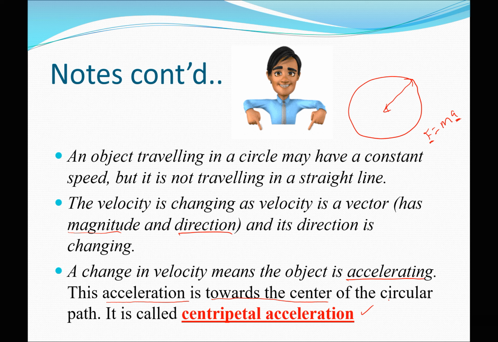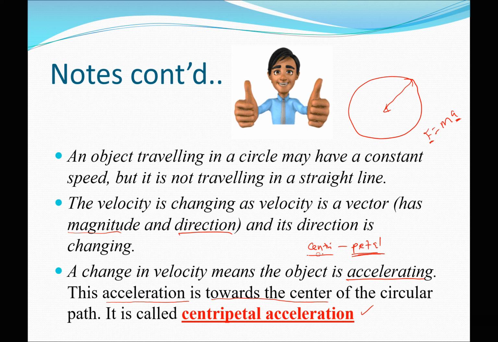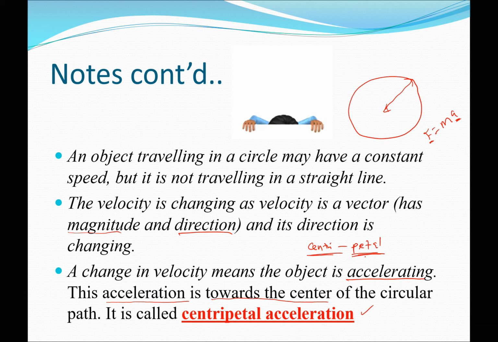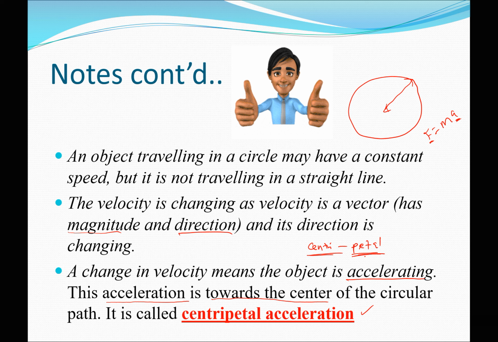The word centripetal is made of two words: centri, which is center, and petal, which means seeking. So the acceleration seeks the center, so it is always acting towards the center. That's why we are going to call it centripetal acceleration.